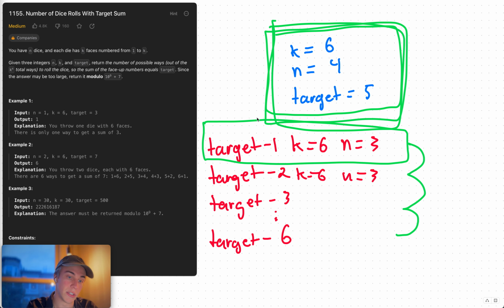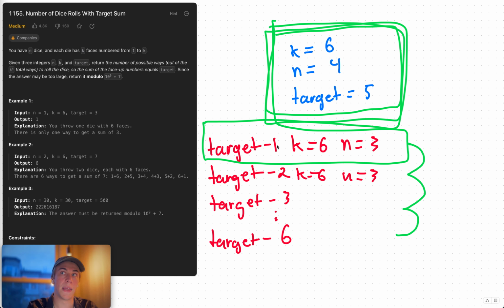I could define that as a 2D array with the rows indicating how many dice we have and the columns indicating the target that we currently have. And given that I have this recursive definition for how to get my value, I can build up the array from the start.